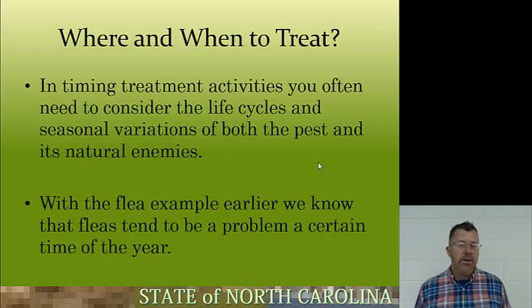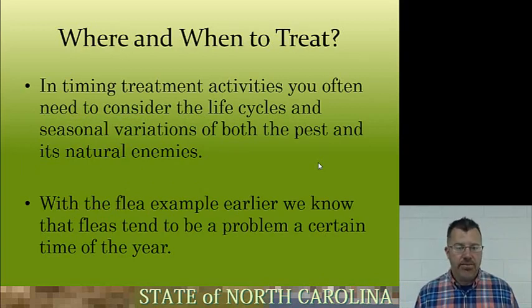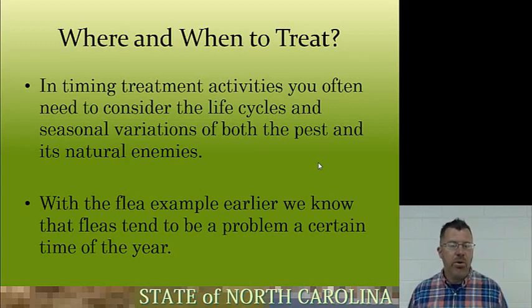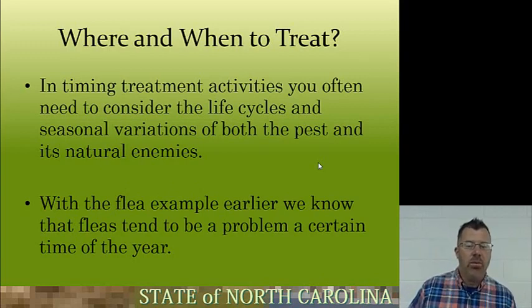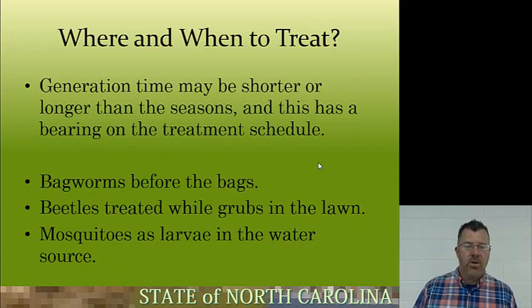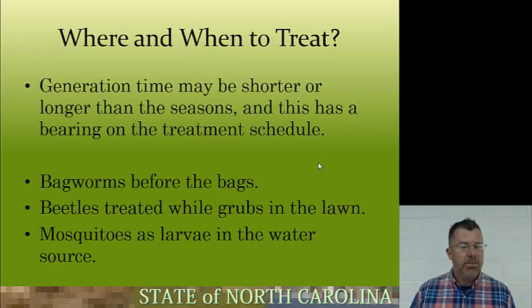Where and when to treat. In timing treatment activities, you often need to consider the life cycles and seasonal variations of both the pest and its natural enemies. With the flea example earlier, we know that fleas tend to be a problem a certain time of the year. Generation time may be shorter or longer for the seasons, and this has a bearing on the treatment schedule.